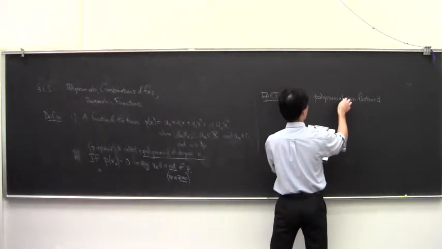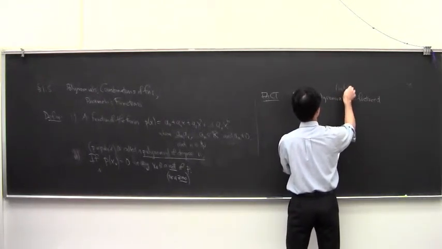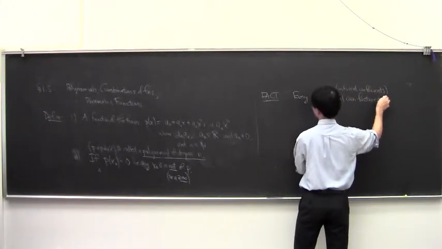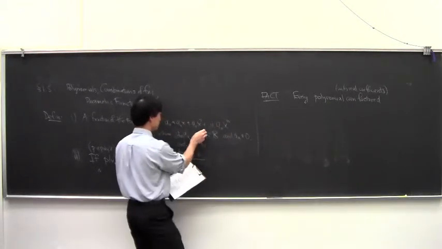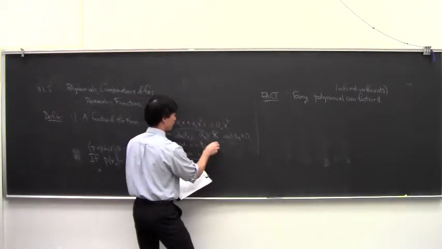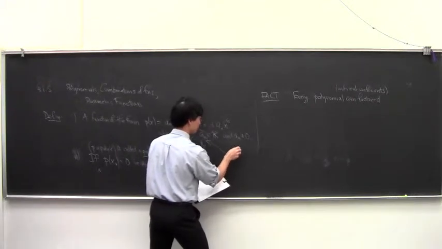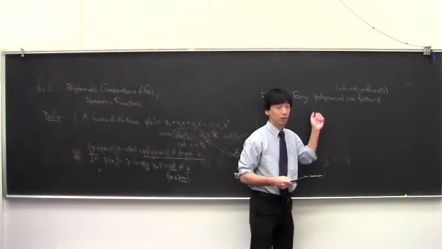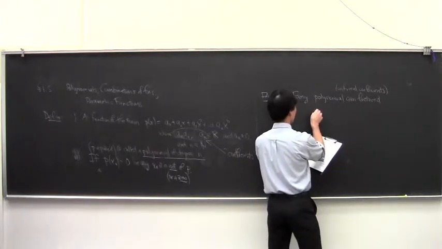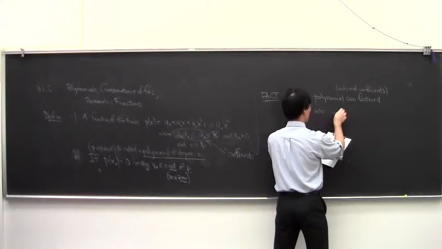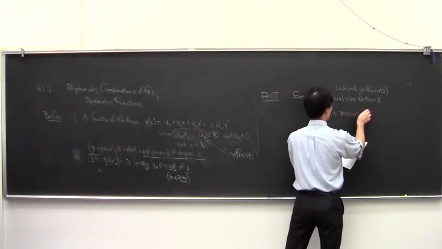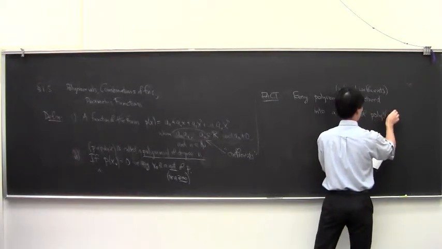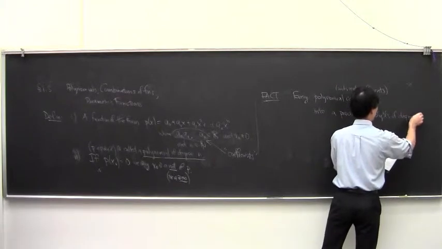Every polynomial with real coefficients, these a's, as you know, are called the coefficients, can be factored into a product of polynomials of degree less than or equal to 2.